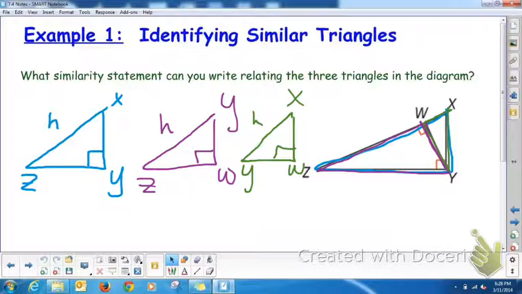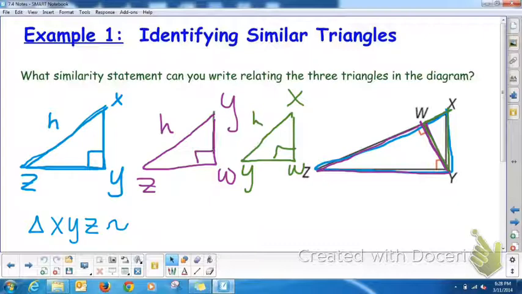So the similarity statement that I could write here is this. Again, you want to develop a system that's going to work for you. I'm going to go down this short side, across the long leg, and up the hypotenuse. So triangle XYZ is similar to triangle YWZ.